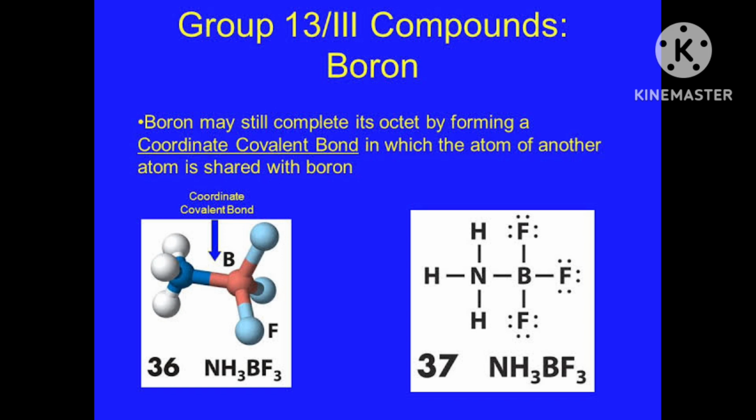A convenient laboratory method for the preparation of diborane involves the oxidation of sodium borohydride with iodine. Again, this is the simple method in the lab. How will you prepare diborane?